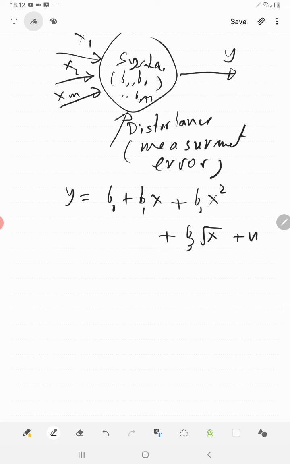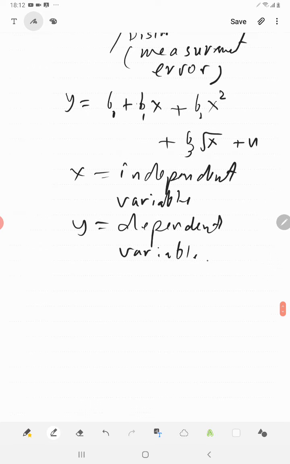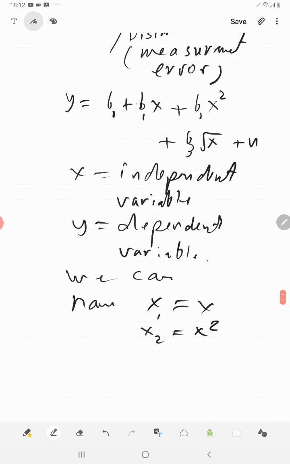In this case, we have only one independent variable, which is x, while y is the output or dependent variable that depends on the variable x. And here we can name x1 equal x, x2 equal x squared, and x3 equal root x.